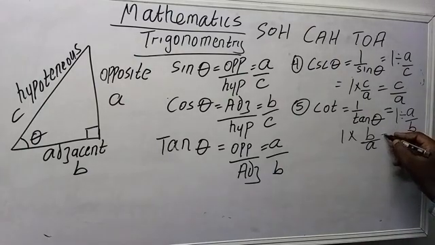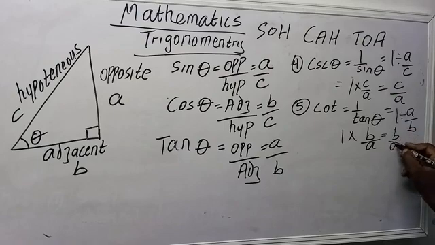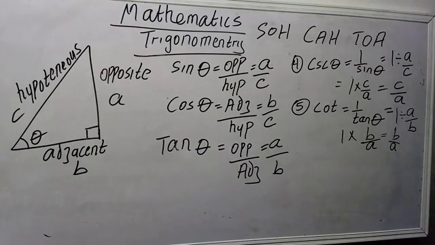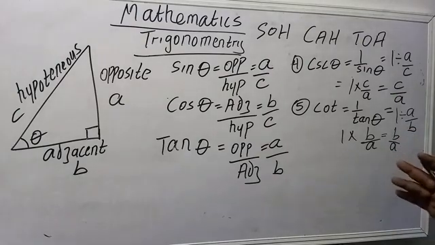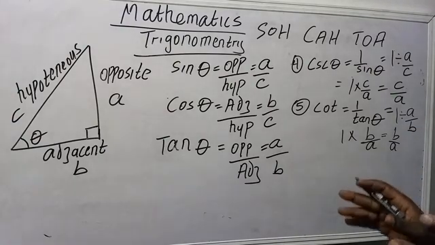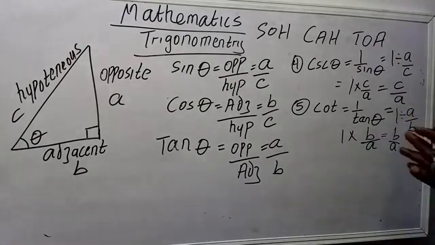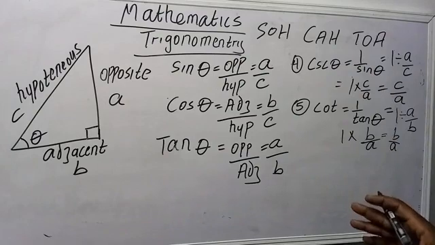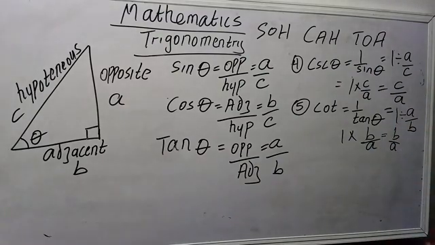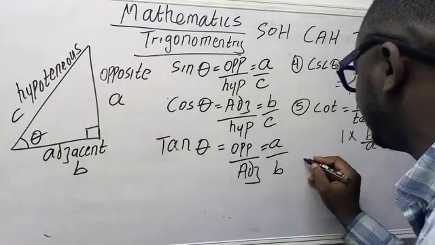The answer is B over A. I'm just trying to simplify it so that anytime you see any question on trigonometry, you'll be able to solve them.